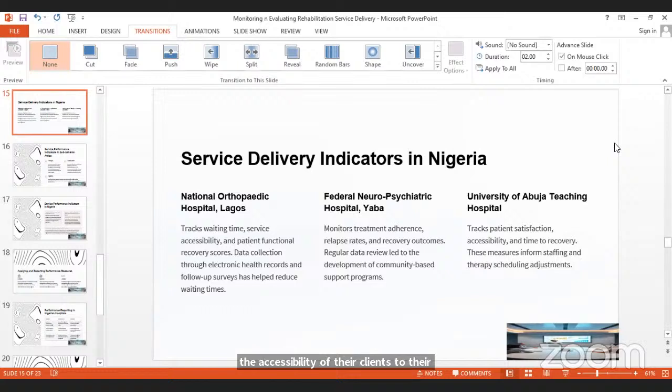And they also monitor and gather information regarding the time to recovery, that's the duration taken for clients to recover. So what is the outcome, and what do they use it for?